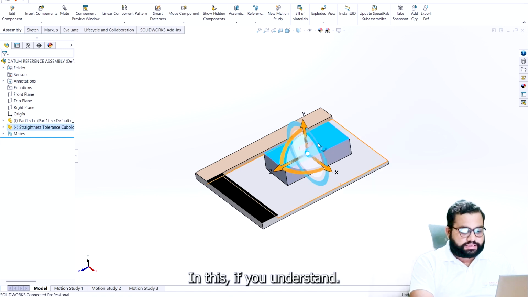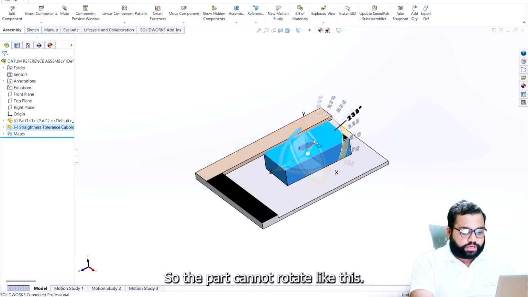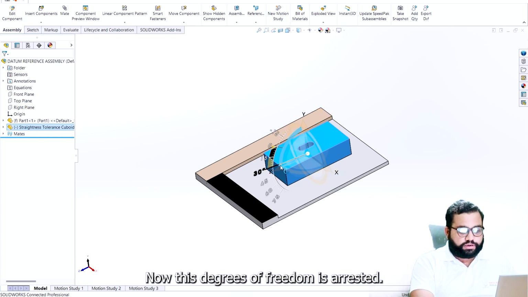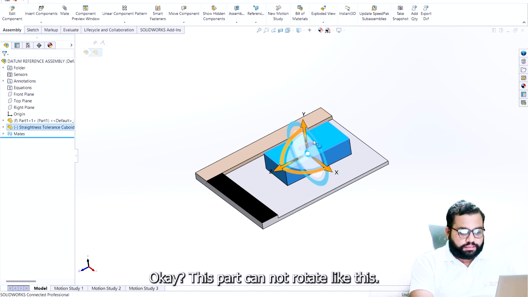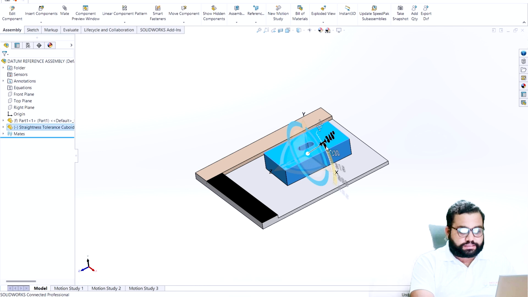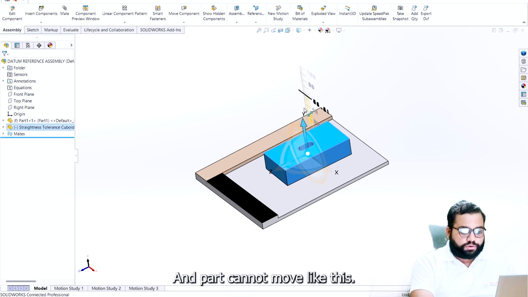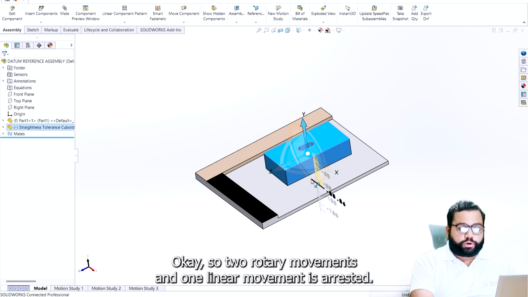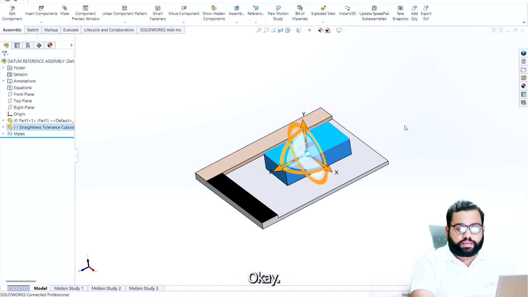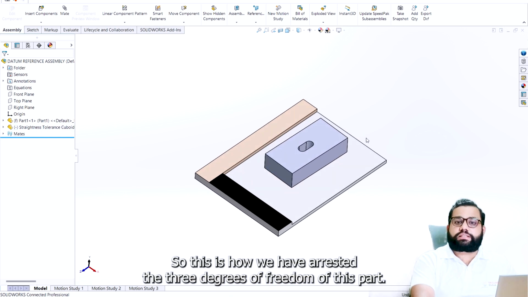The part cannot rotate like this now, and it cannot rotate like this, and the part cannot move like this. So two rotary movements and one linear movement are arrested. This is how we have arrested 3 degrees of freedom of this part.